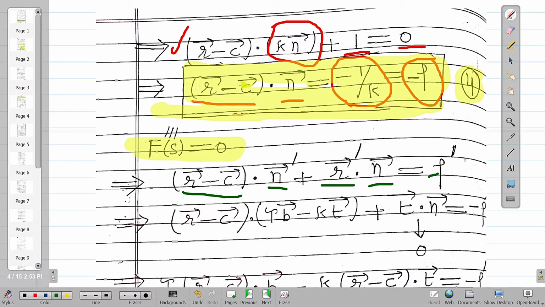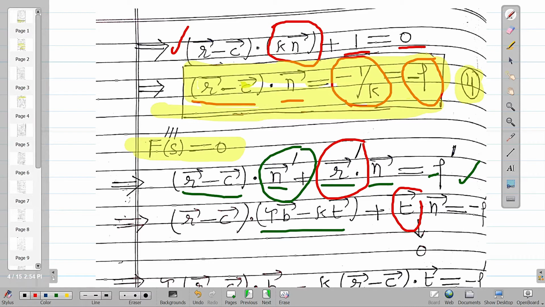So this value is equal to this value. Now substitute the value of n dash. What is n dash? It is tau b minus kappa t. Again substitute the value of r dash, which is equal to t.